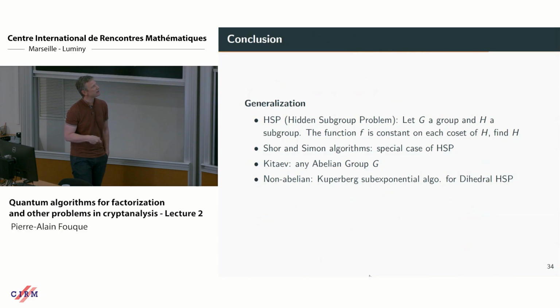For this non-abelian group, there is an algorithm that is neither polynomial nor exponential. It's sub-exponential, so in between, exactly like factorization. It requires some steps, but not as many as an exponential algorithm, and it allows you to solve the problem.